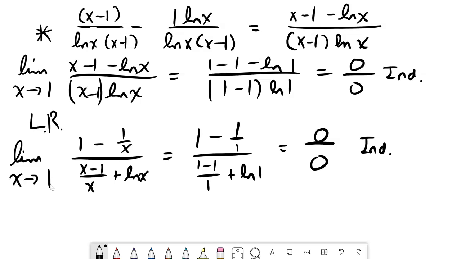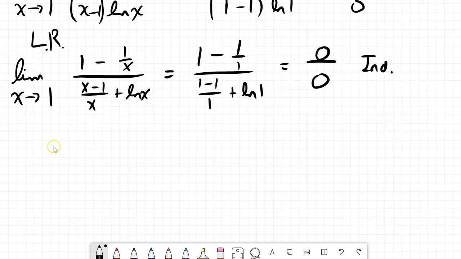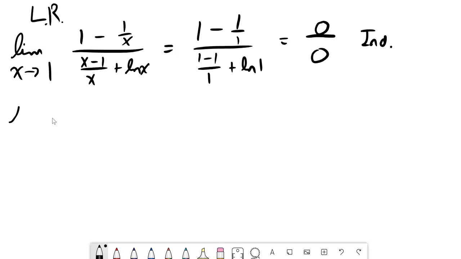We can use L'Hopital's rule again, since it's in a quotient. So we're going to keep going. Limit as x approaches 1, and then we take the derivative. The constant goes away, so it's actually just 1 over x squared on top, divided by the bottom. This one's very weird.